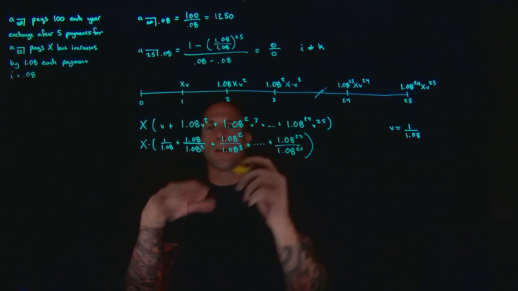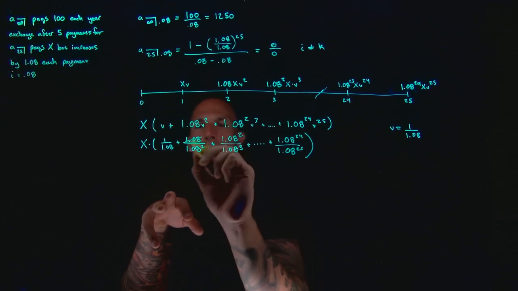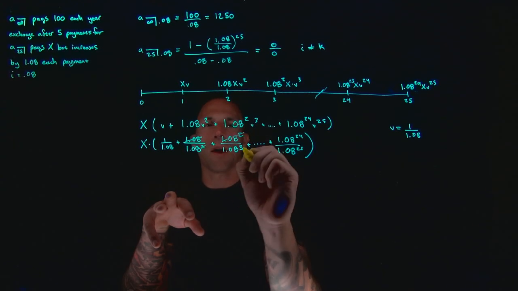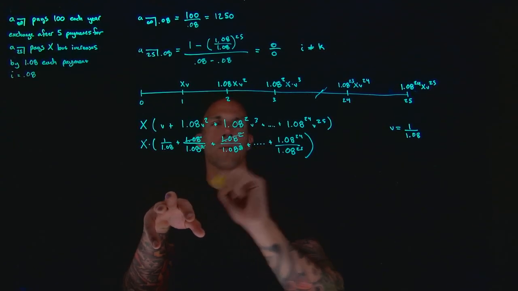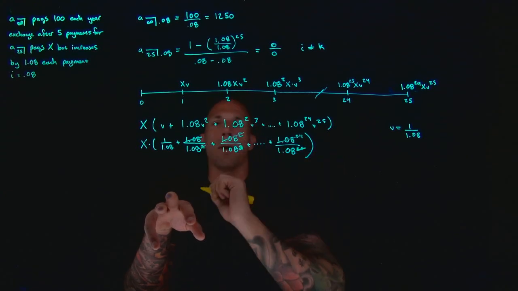So there's a cancellation we can do here on every term. Knock one off the top and one off the bottom. Knock two off the top and two off the bottom. Knock 24 off the top and knock 24 off the bottom.